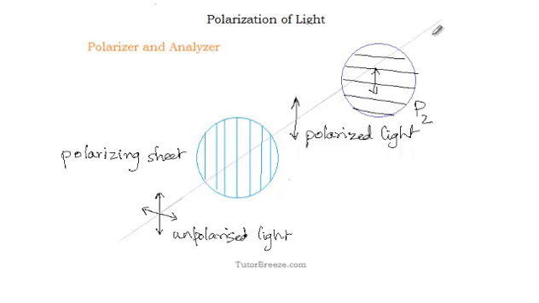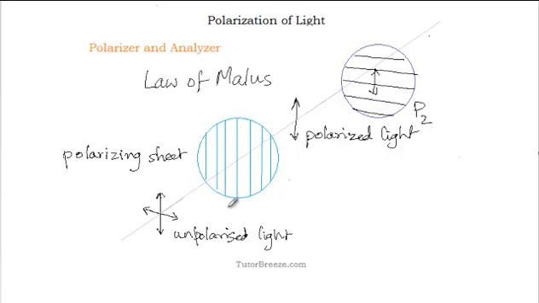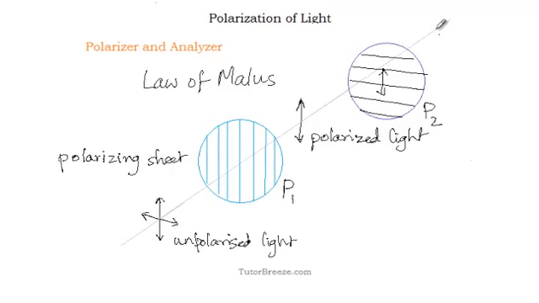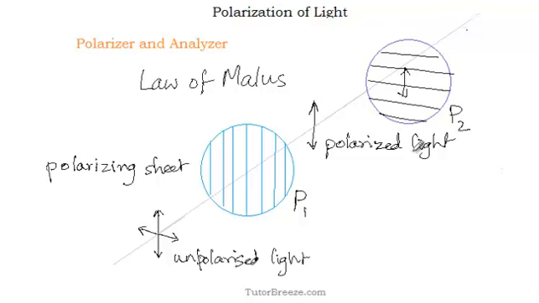So in that case, the intensity of the light at the other end is going to be 0, which means no light is transmitted by the second Polaroid. See, when Polaroid P1 and P2 have their polarizing directions completely perpendicular to each other, the intensity of the transmitted light is 0. But at other intermediate angles, it will not be 0. To understand that, we'll take a look at the law of Malus.